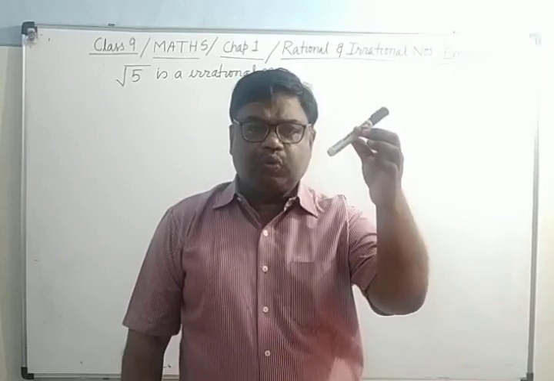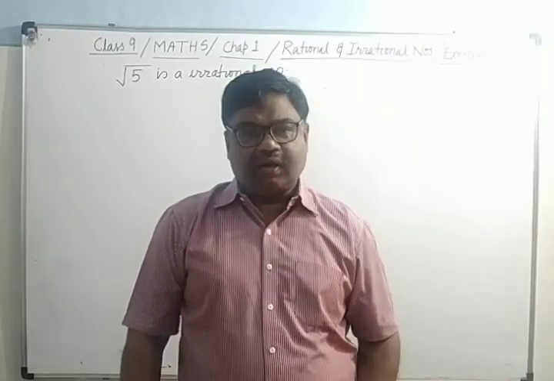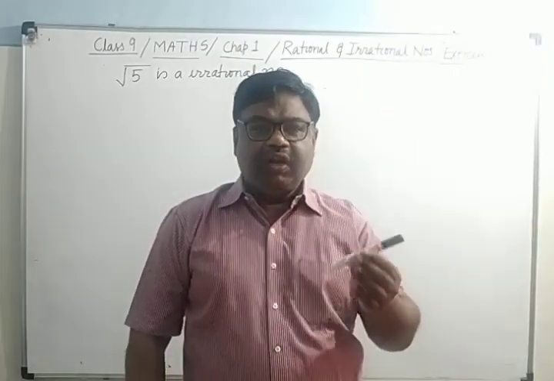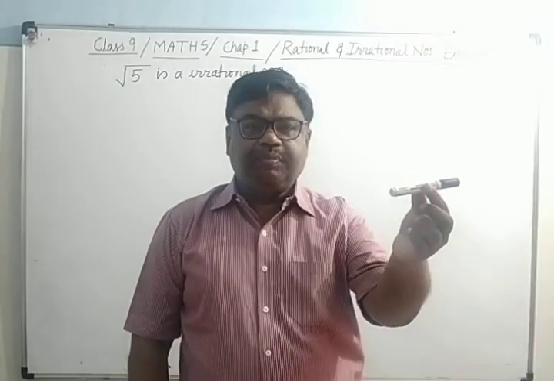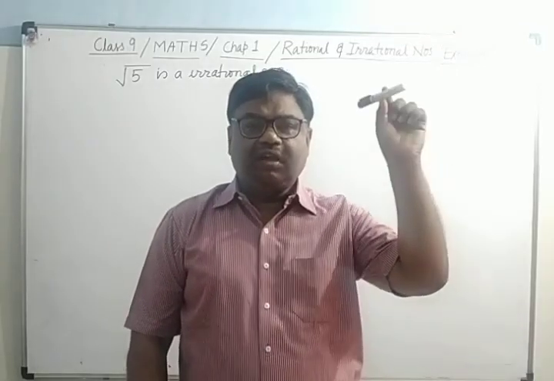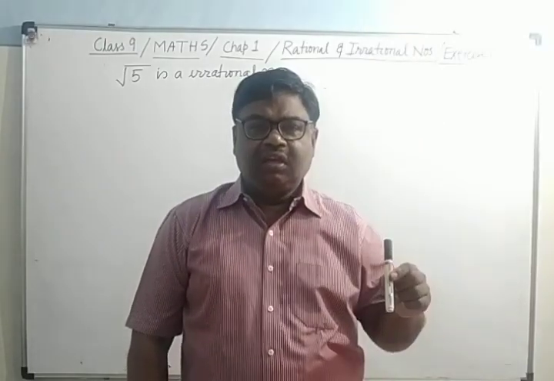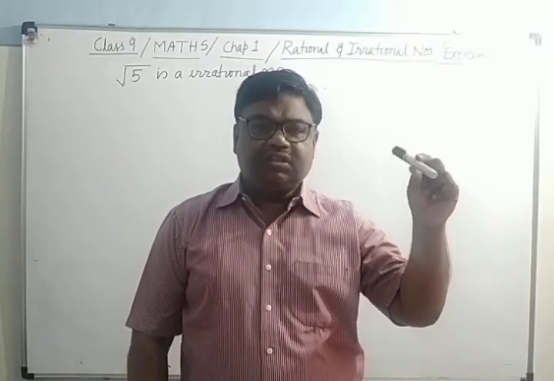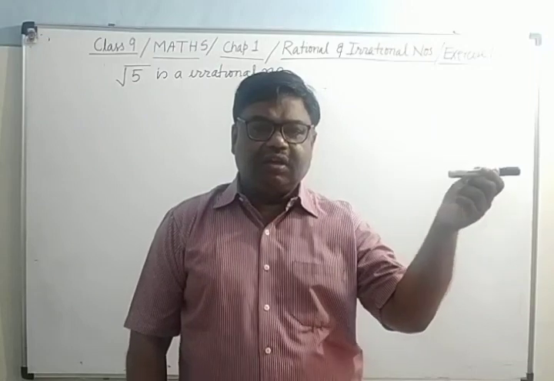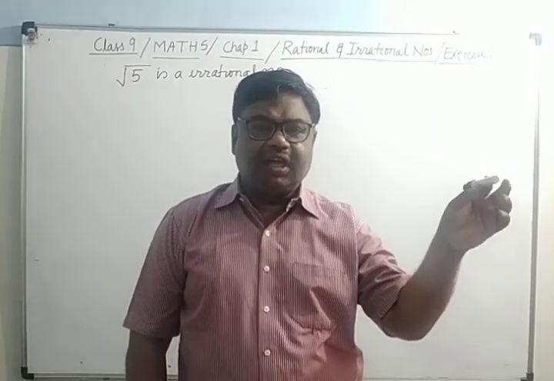Suppose you have to prove that this is a marker pen. So we will assume that it is a piece of chalk. We will assume that it is a pencil. Means we will assume such a thing which is not it actually.